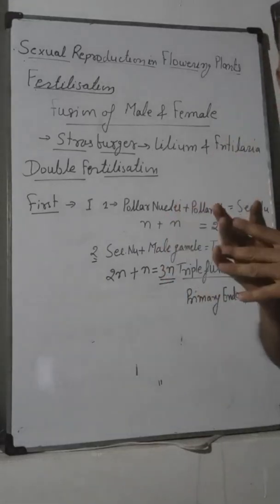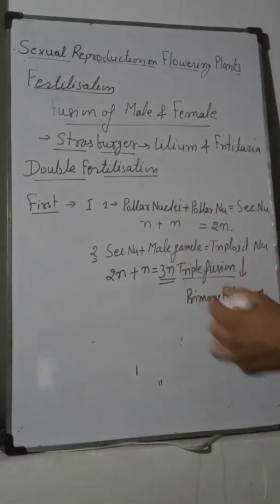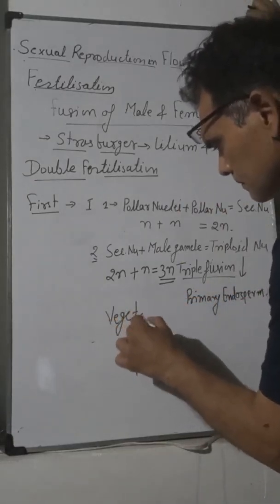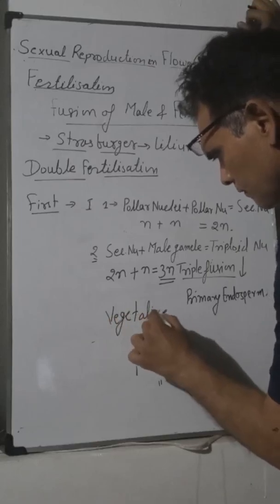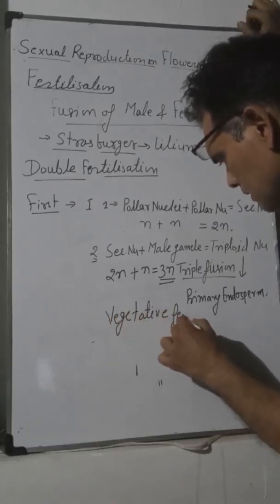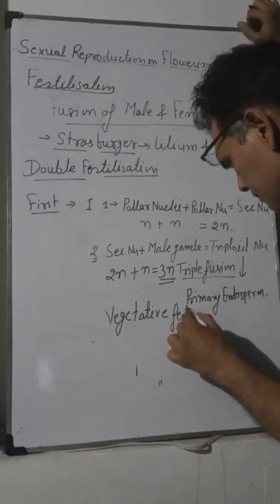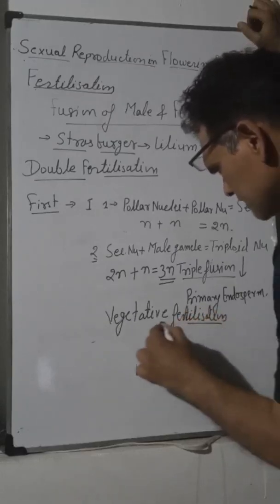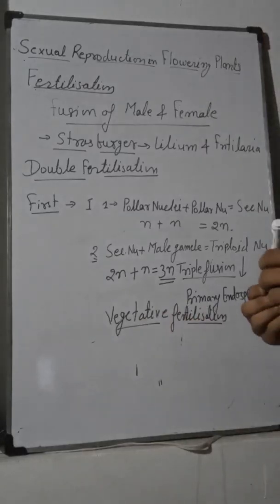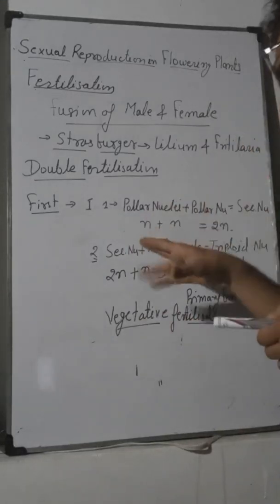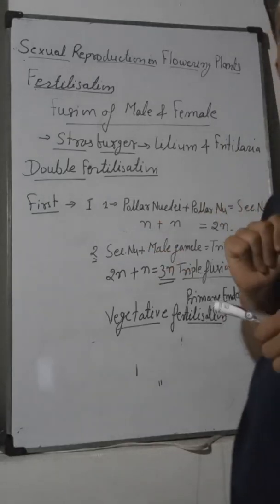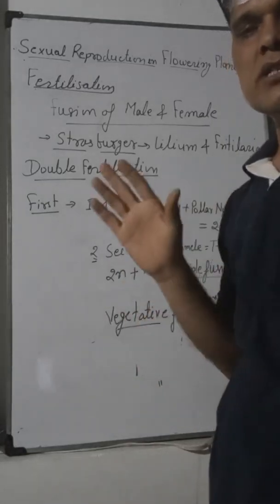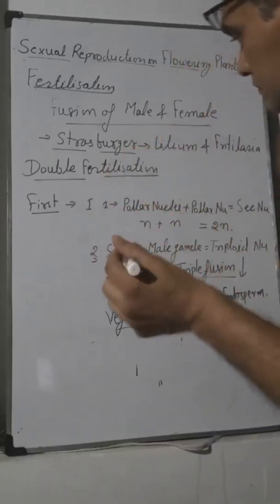This is the first fertilization. It is also known as vegetative fertilization, in which three vegetative cells, two polar nuclei and a male gamete, form vegetative tissue. That's why it is known as vegetative fertilization.